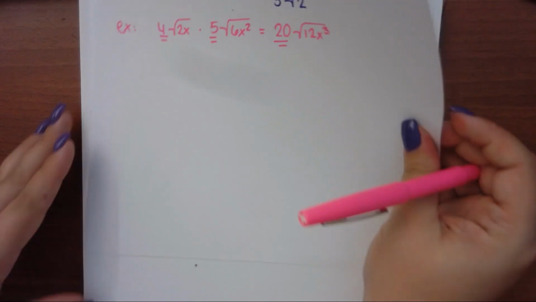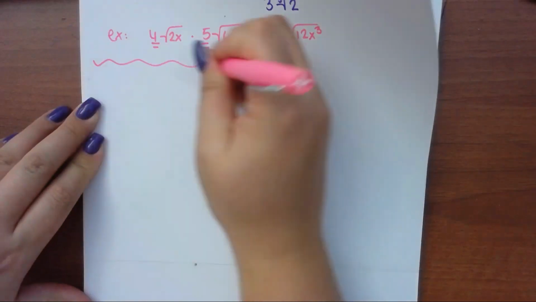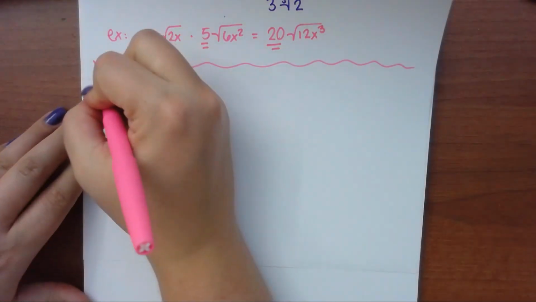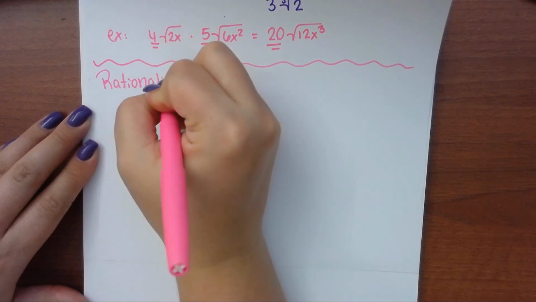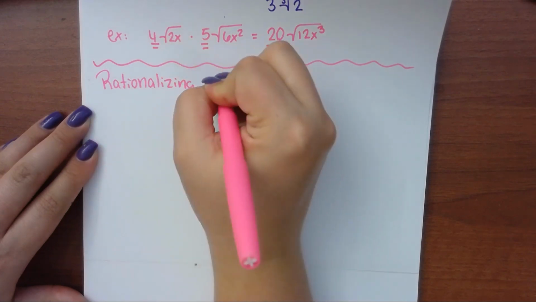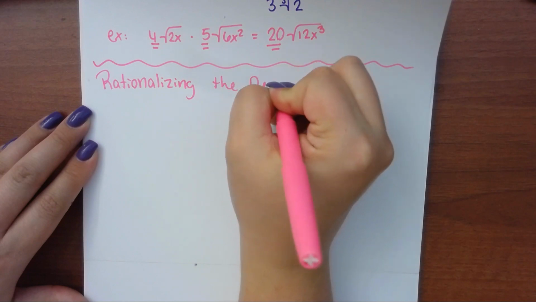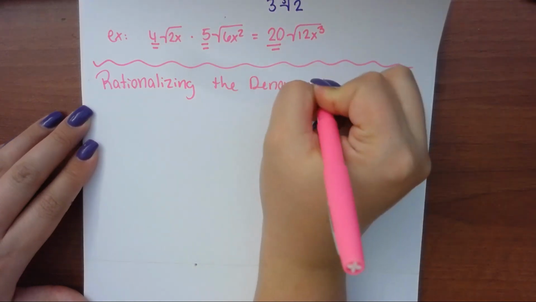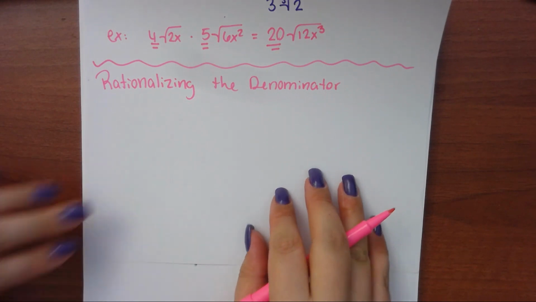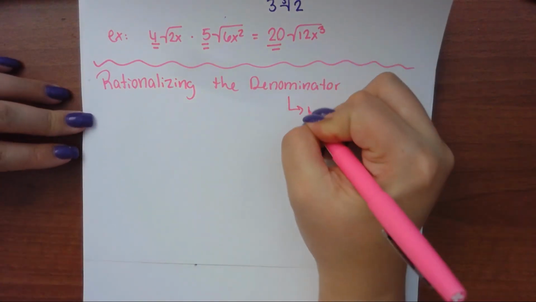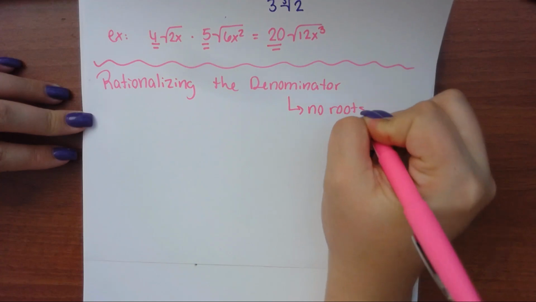The only other thing that I wanted to talk about today is what's called rationalizing. So to rationalize the denominator, it literally means that there are no roots allowed in the denominator.